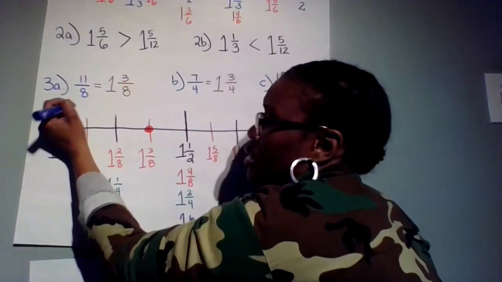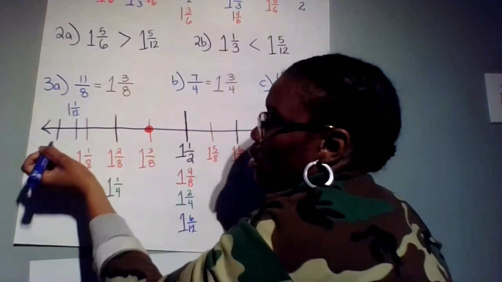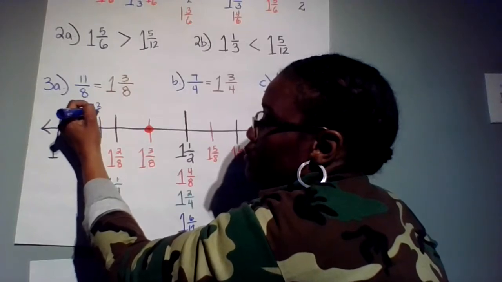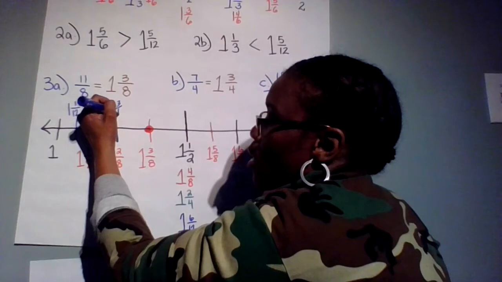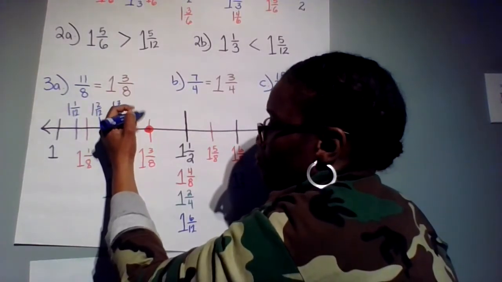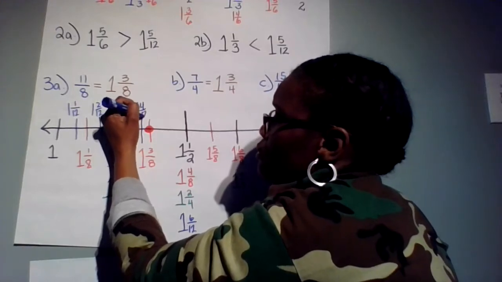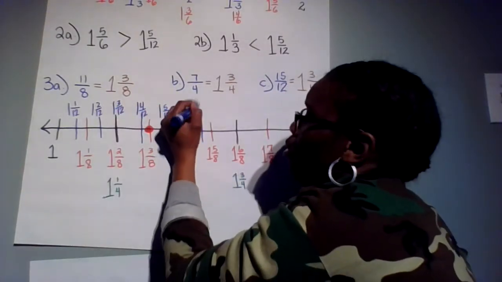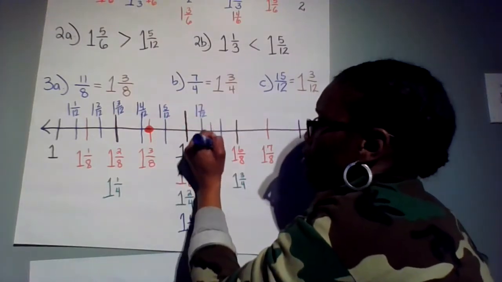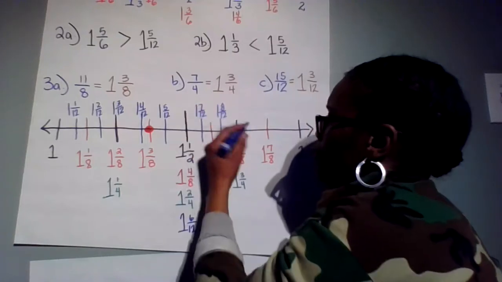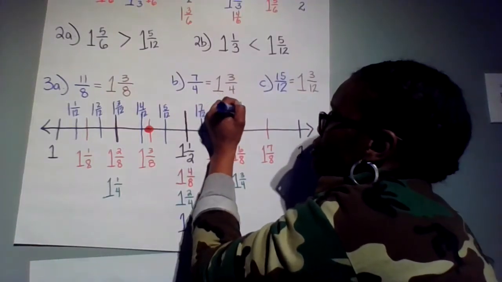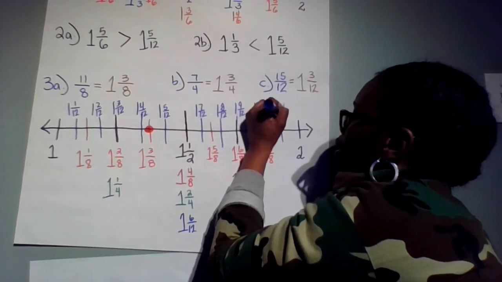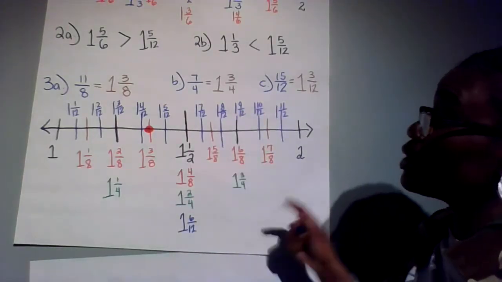So I'm going to have 1 1/12, 1 2/12, 1 3/12, 1 4/12, 1 5/12, 1 6/12, 1 7/12, 1 8/12, 1 9/12, 1 10/12, and 1 11/12. And so scholars, we are plotting 1 and 3/12.